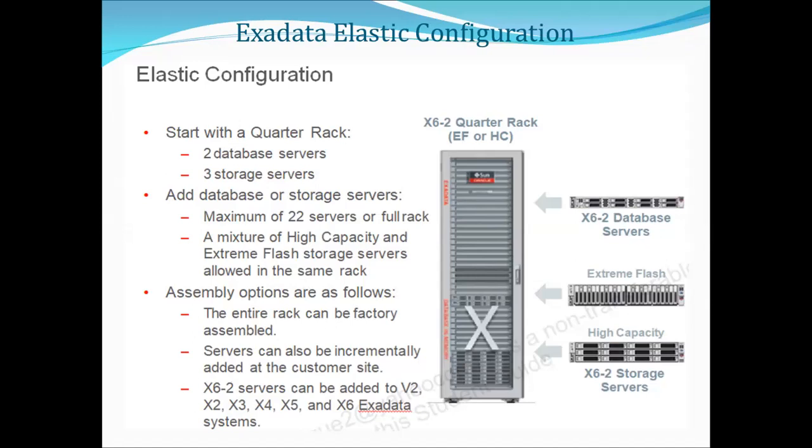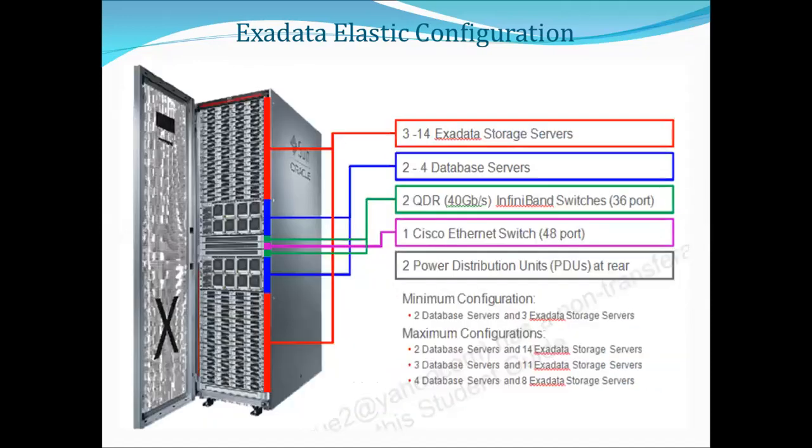You can add storage servers as well as database servers. In an elastic Exadata machine, you can increase storage from 3 to 14 and database servers from 2 to 4, with always 2 QDR Cisco switches with 48 ports, and power distribution at the rear. The minimum elastic configuration requires 2 database servers and 3 Exadata storage servers. The maximum configuration in this box can be 2 database servers and 14 storage servers.